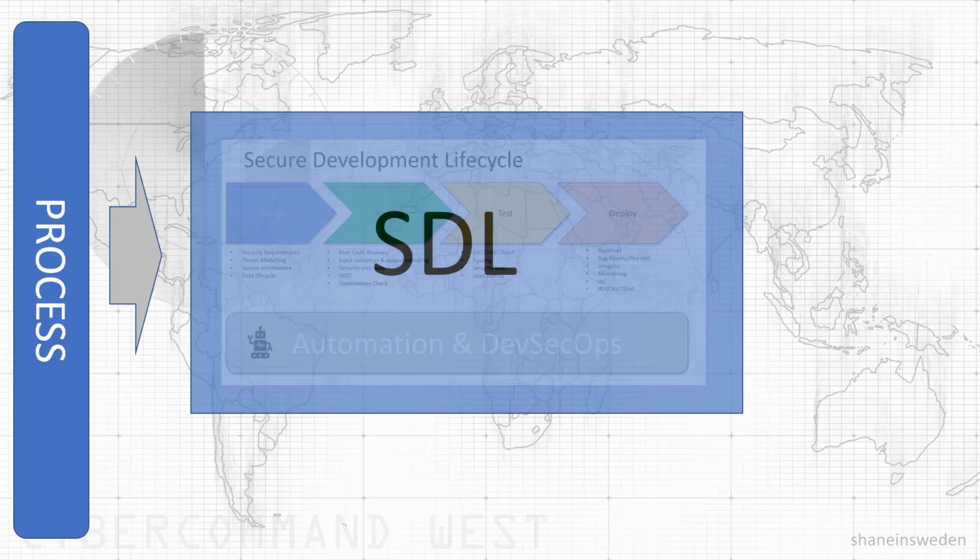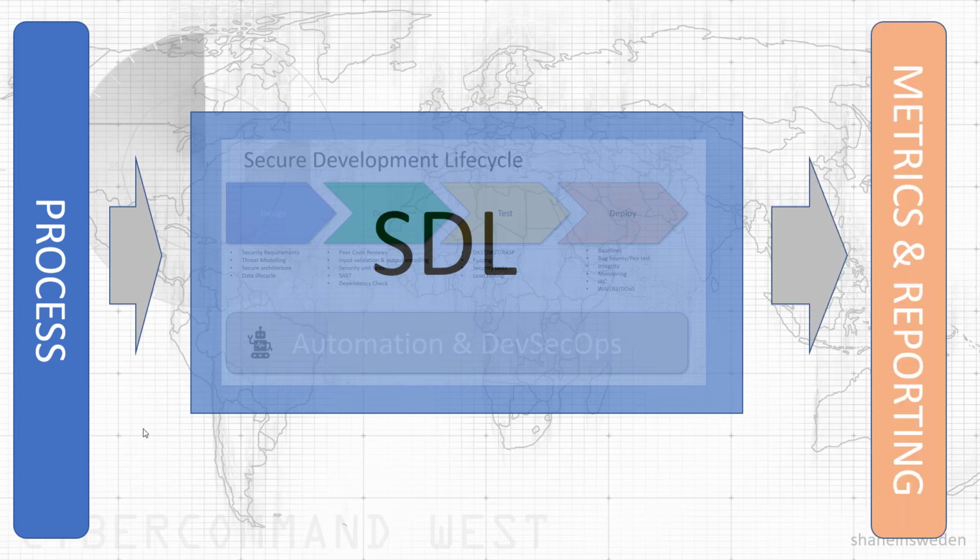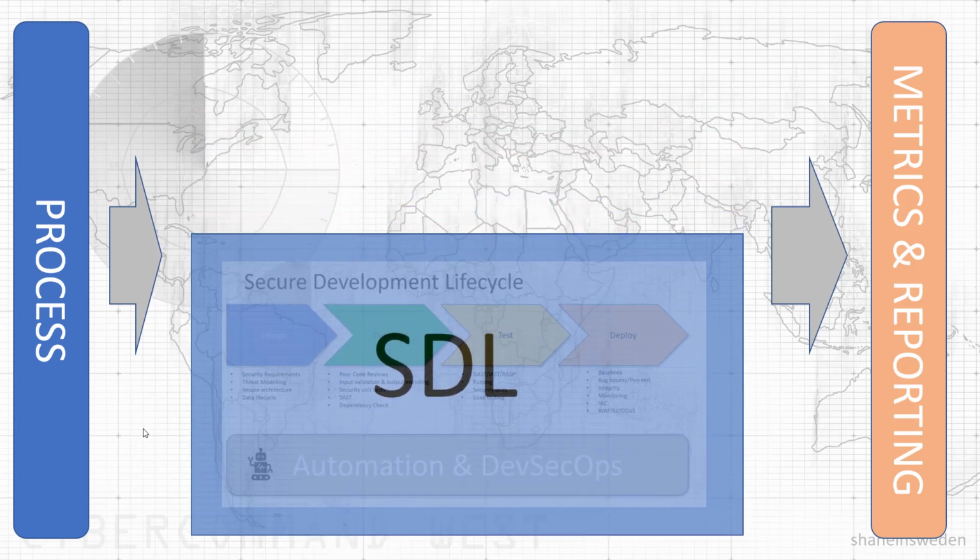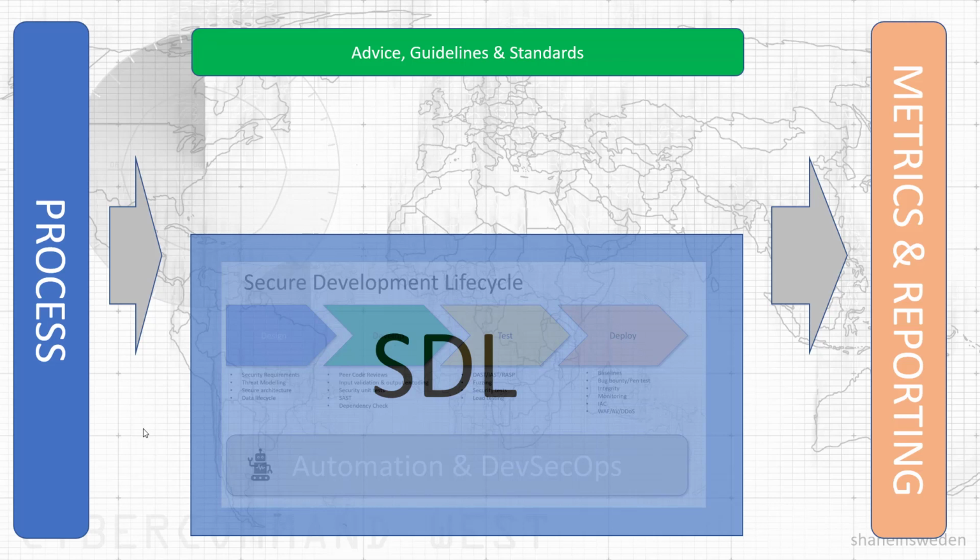So that is the software development lifecycle and activities that could be part of a secure software development lifecycle. This area will, of course, be the focus of APPSEC team's work, but it is certainly not all of it. Your APPSEC team will be involved certainly in giving advice, guidelines, writing guidelines, creating standards.